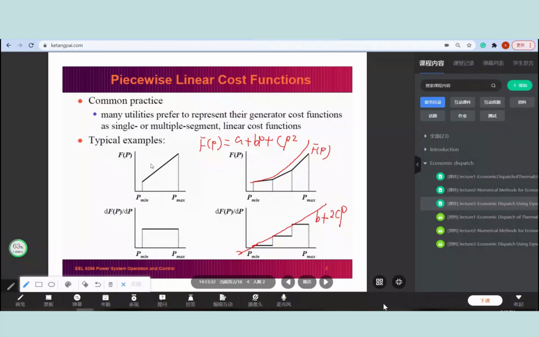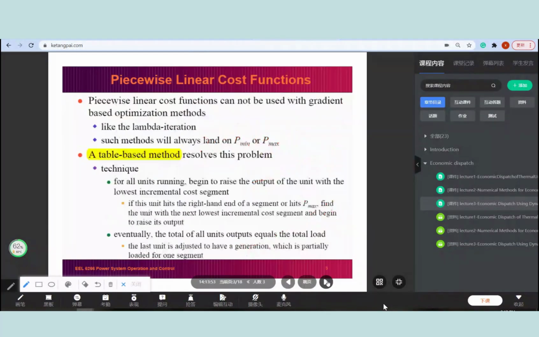However, for this special input-output curve, we can't use this method because we can't find an equal incremental cost for all these generators, because the incremental cost jumps and is not continuous. So a table-based method resolves this problem.